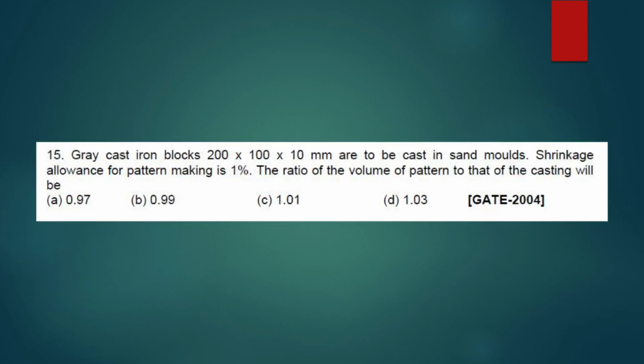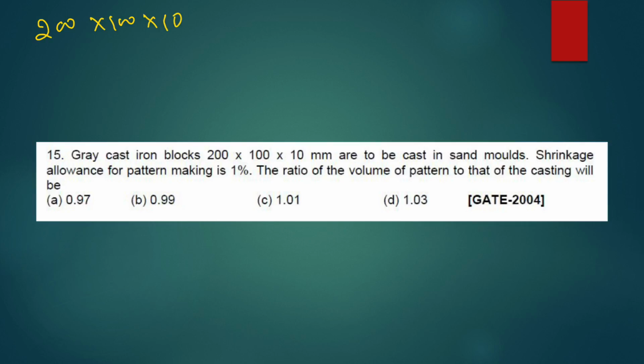Grey cast iron blocks 200 into 100 into 10 mm are to be cast in sand mold. Shrinkage allowance for pattern making is 1%. The ratio of volume of pattern to that of casting will be how much? So initial volume is 200 into 100 into 10. Shrinkage allowance is 1%.